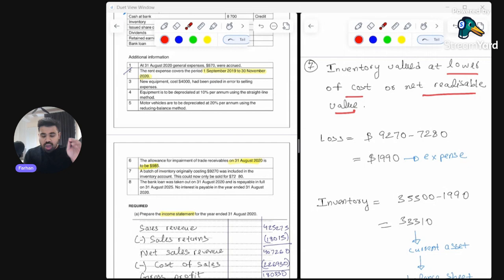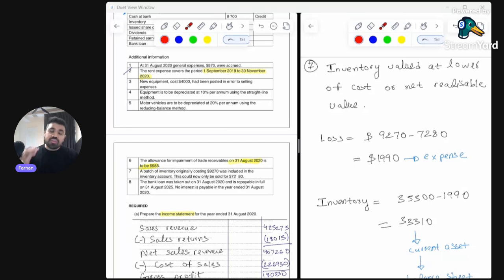Now, we know that we have to reduce the value of our inventory from 9,270 to 7,280. And this could be due to cases such as wear and tear and obsolescence, but you want to make sure that you get rid of this batch of inventory sooner so that you do not incur significant losses. You will take some loss, but not so significant. Now, in this case, because we have to reduce the amount from 9,270 to 7,280, we are incurring some losses, which is what we refer to as impairment losses.